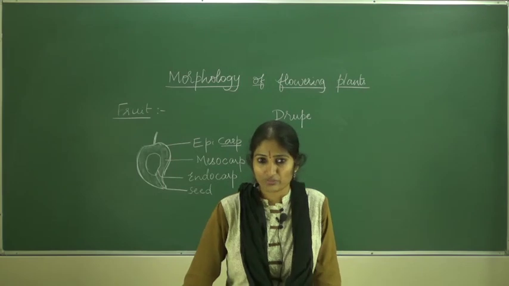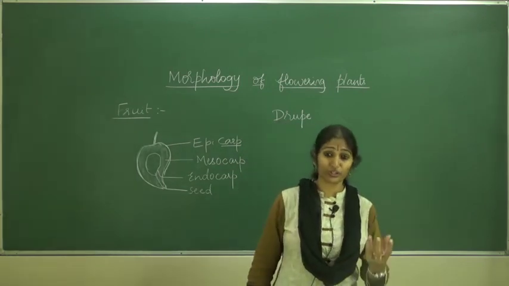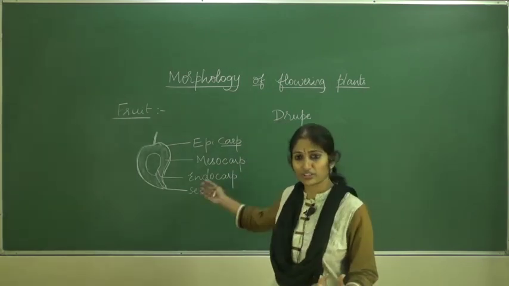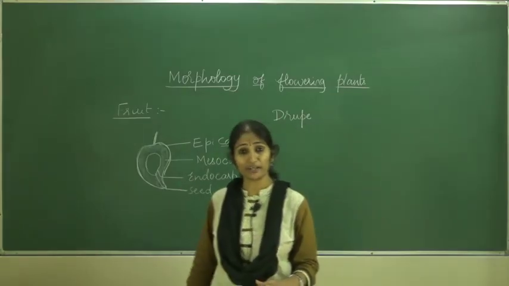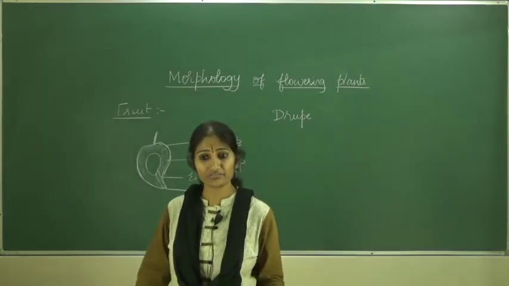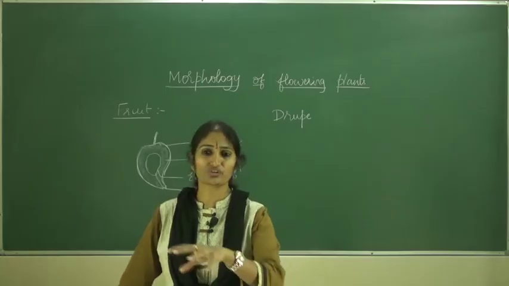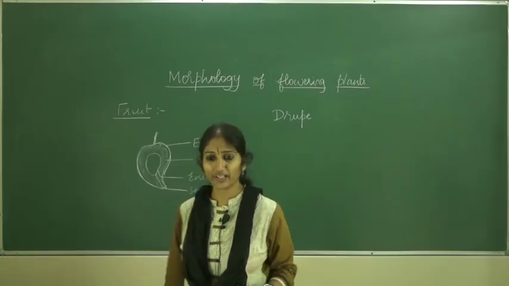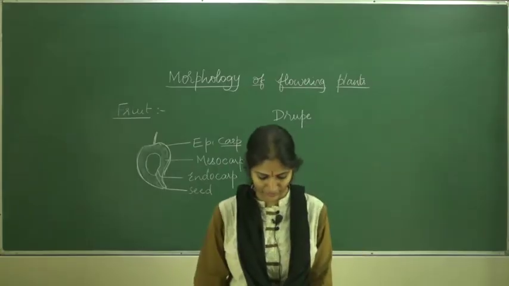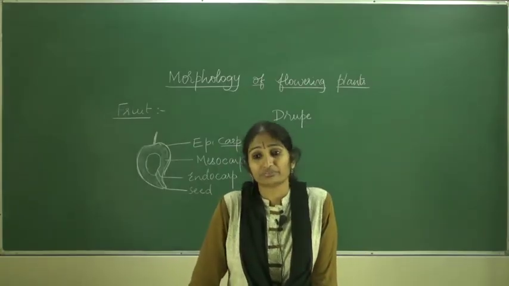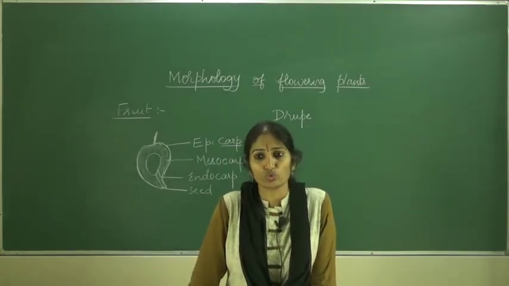For example, if you take pineapple, can you consider the pineapple structure similar to this? It is slightly different. How about a banana? Banana structure is entirely different. So based on the structure of these fruits, we have different varieties, and drupe is one of that kind of fruit.